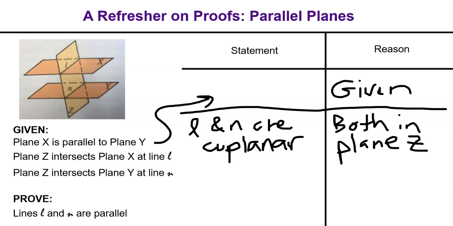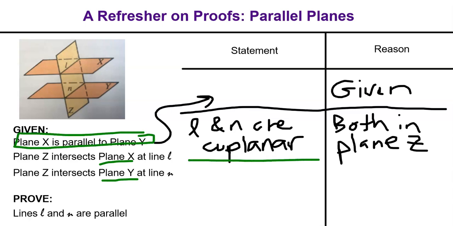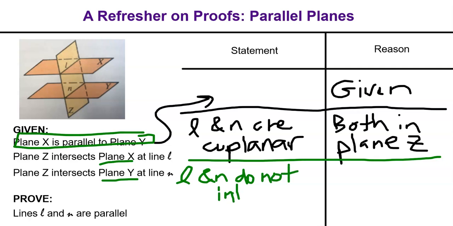We also know that line L is in plane X and line N is in plane Y, and that X and Y are parallel. All that together, we can say L and N do not intersect because they are parts of parallel planes.